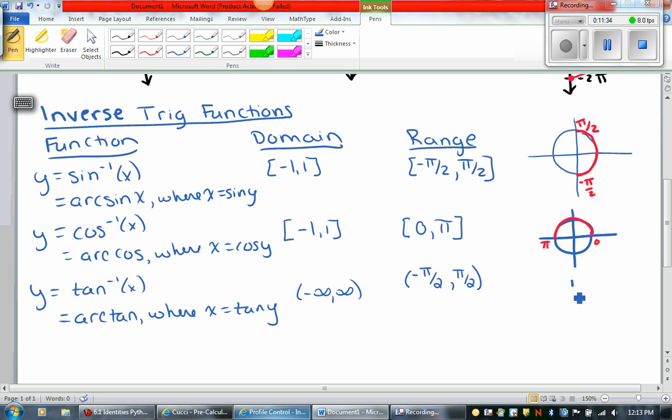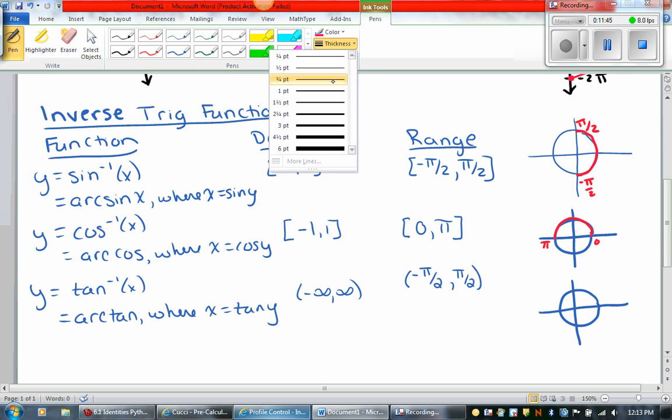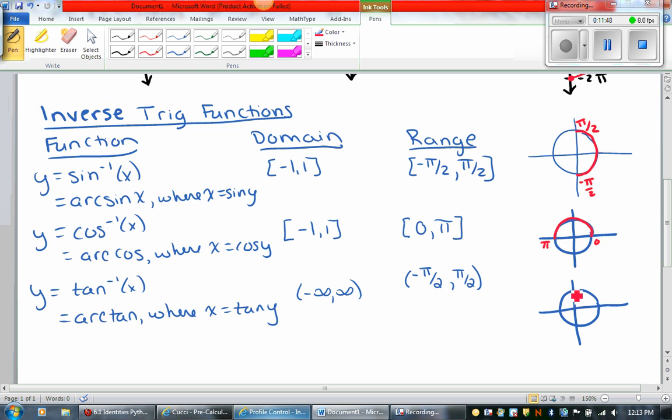And last but not least, tangent. We're not including the endpoints, so we have to be cautious there. Remember that there is a way to represent not included, and you need to make sure you do that. If we're from negative 2π to 2π, you're going to have your open circles here, and then include this portion. So that's what those restricted ranges look like on a unit circle.